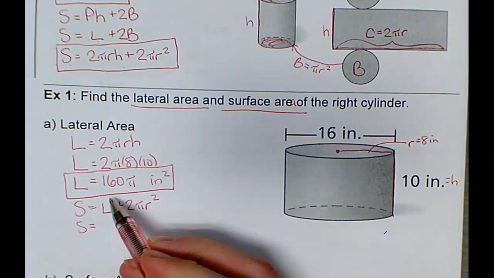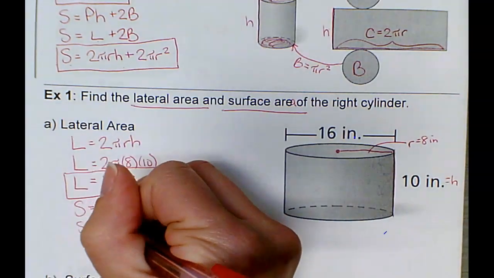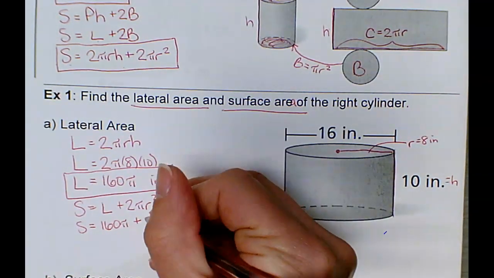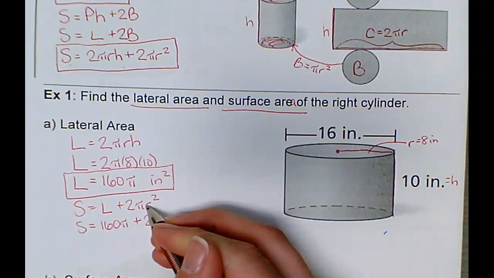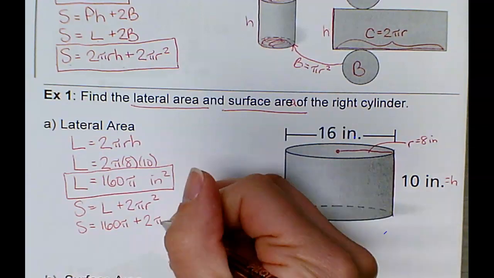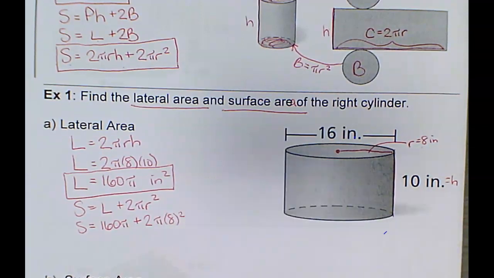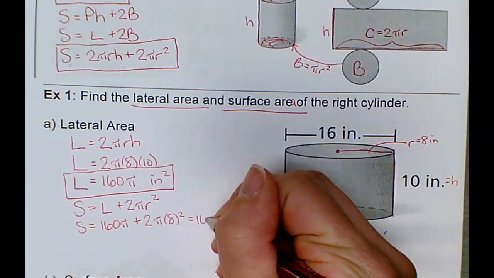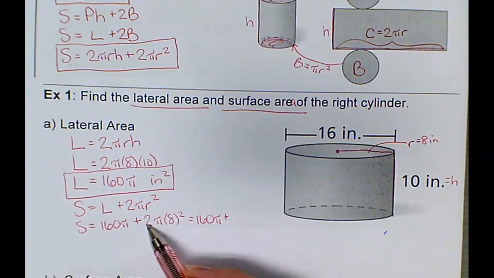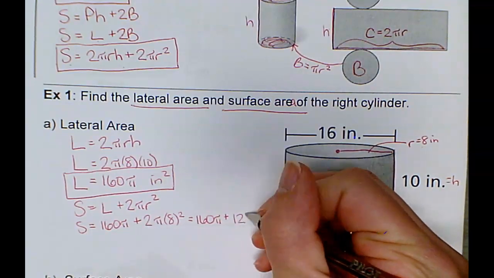So our lateral area was 160 pi plus 2 pi times the radius squared. Well, in this problem, we decided that the radius was 8 inches. So I'm going to take 8 and square it. So 160 pi plus 8 squared, which is 64. And 64 times 2 is 128 times pi.